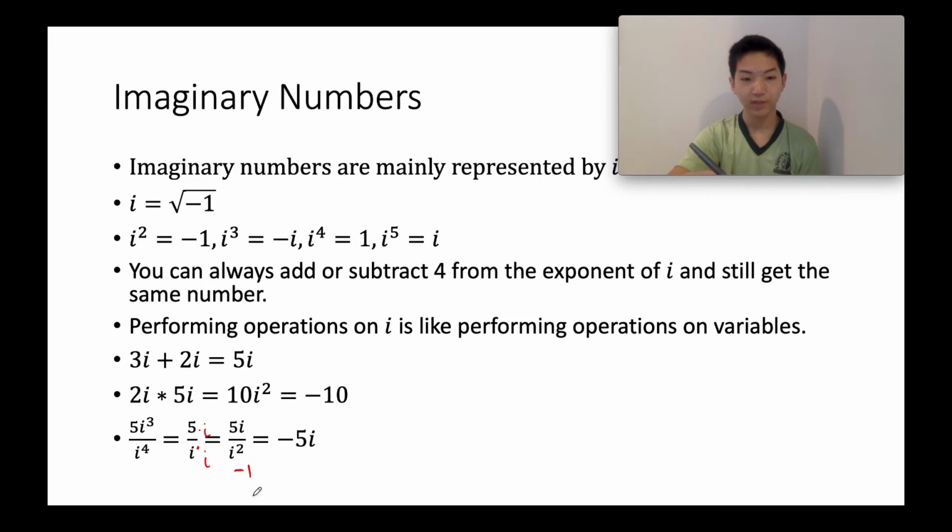So 5i divided by -1 is -5i. Also, in order for it to be simplified, you cannot have i to an exponent. Here we have i squared, which is not simplified. So we have to replace i squared with -1, and 10 times -1 is equal to -10.